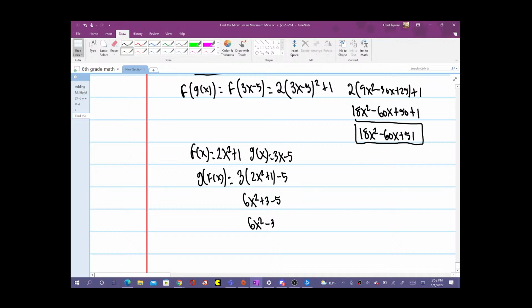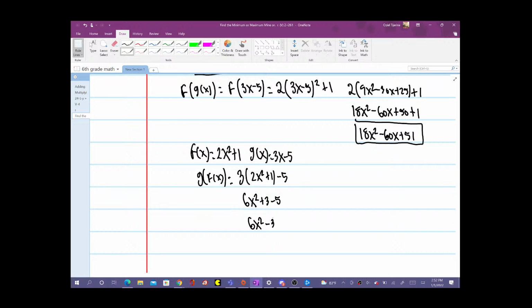So basically, there's a big difference here in terms of the problem itself. Like f of g of x and g of f of x are different. And it's actually minus 2, not minus 3.